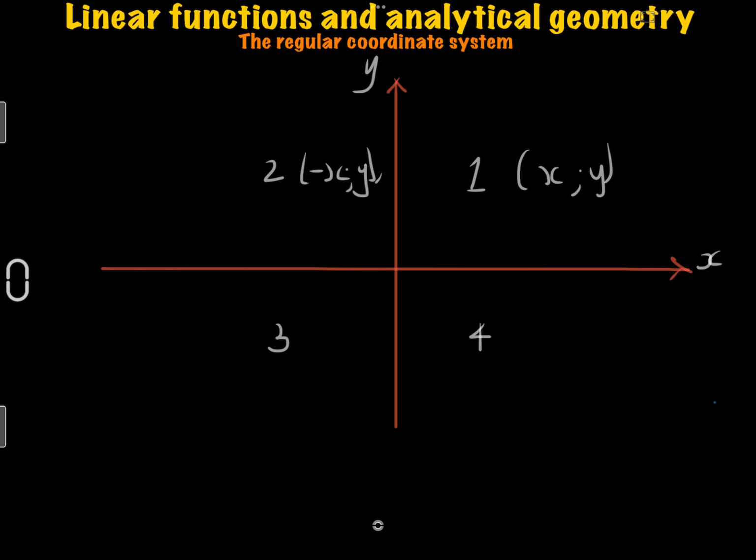In our third quadrant, we have x being negative and y also negative. And then lastly, x is positive and y is negative. That's key in understanding how these coordinate systems work.